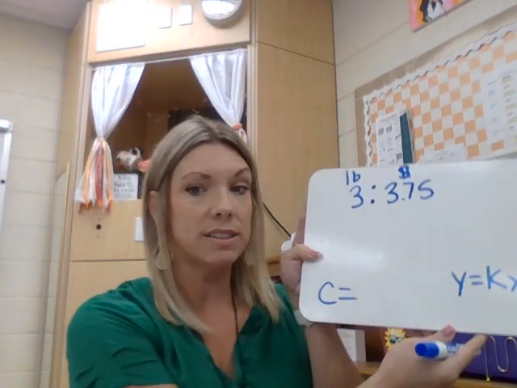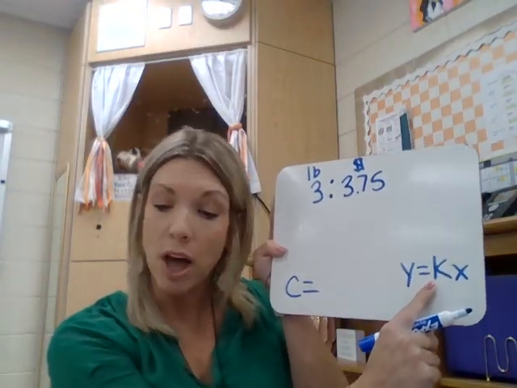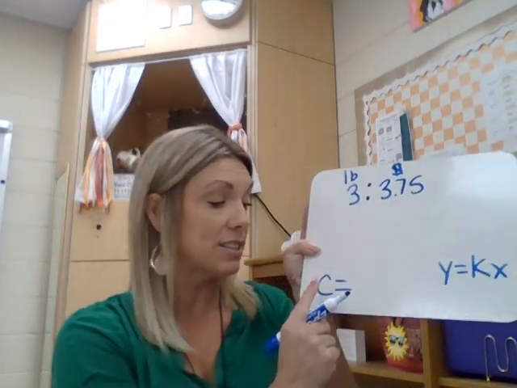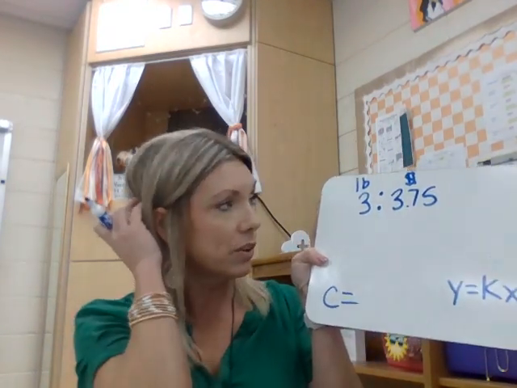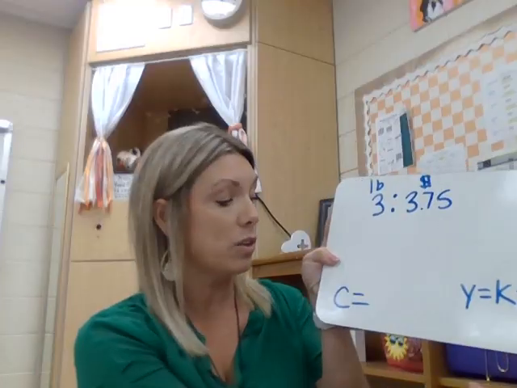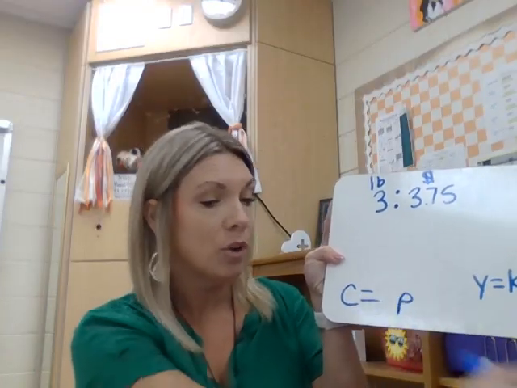So this says, what equation is like this with an equal sign. Remember our equation for our constant of proportionality. This is an equation with an equal sign. It says, what equation represents the cost C for P pounds of oranges, right? So if we want to know the cost C, then our P is going to be over here.